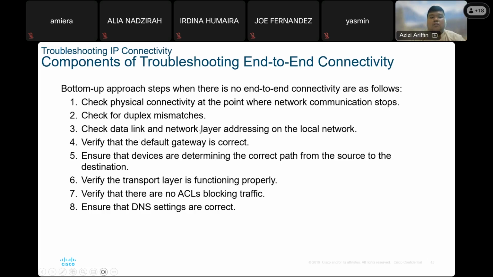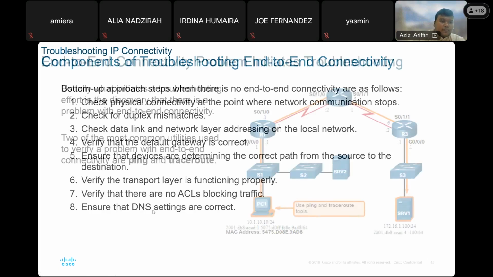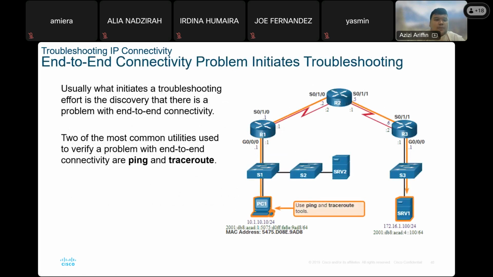Maybe the MAC address is not right, or the IP address is not part of the subnet. Then we verify the gateway. This is going from bottom up, from layer 1 until layer 4, layer 7. Layer 7 here is DNS, for example.